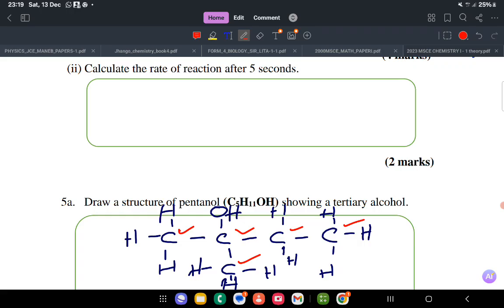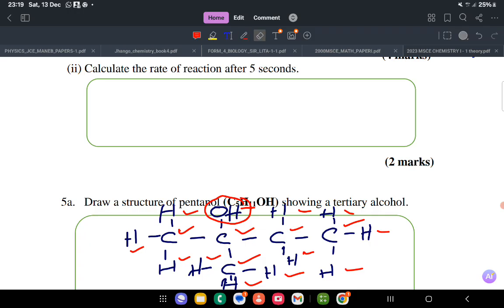On carbon atoms, we are okay. What about on hydrogen? We have 11 of them, without including the OH one. So we have 1, 2, 3, 4, 5, 6, 7, 8, 9, 10, 11. Yes, there we are. So we are okay on this.